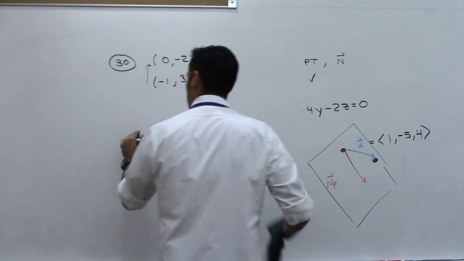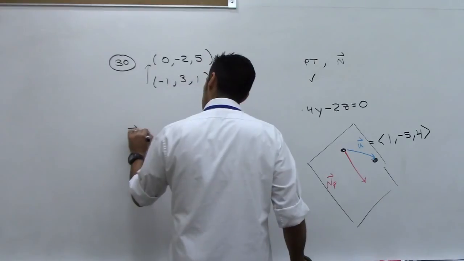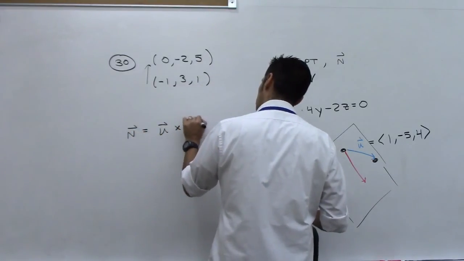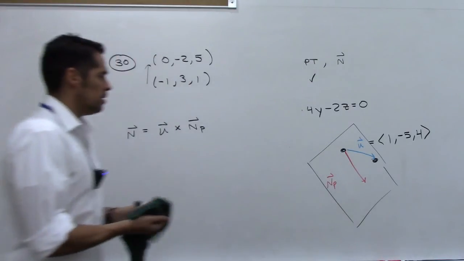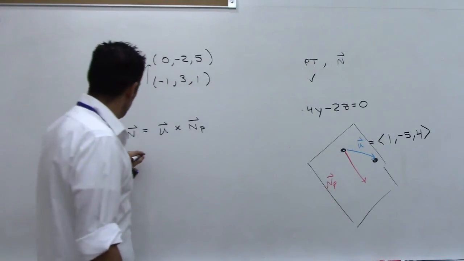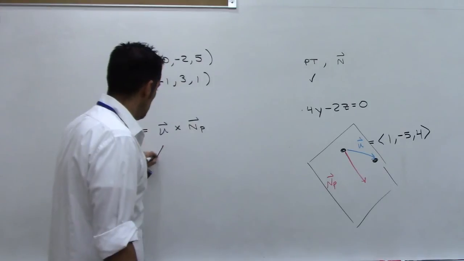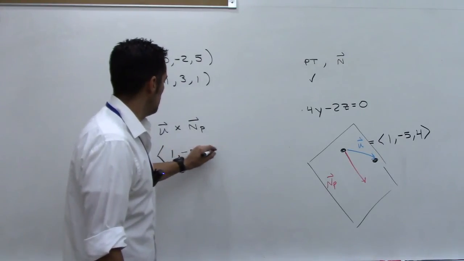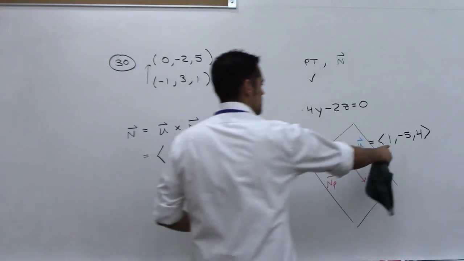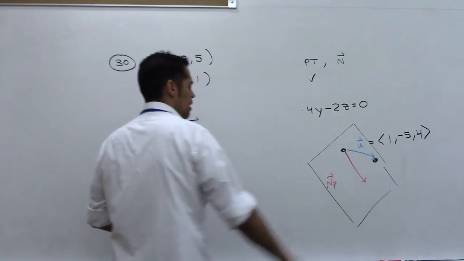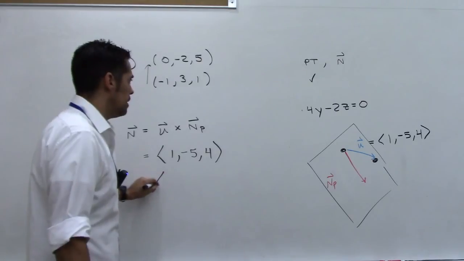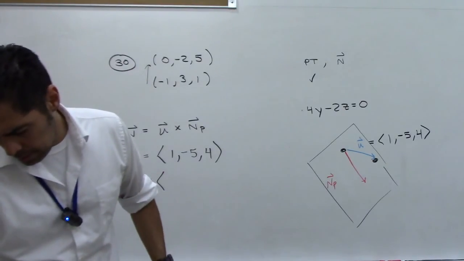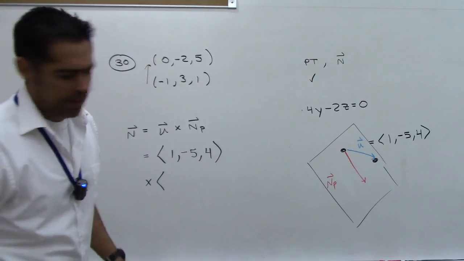The normal that I'm looking for is going to be the cross product of u and the normal of that perpendicular plane, which is the cross product of 1, -5, 4 and the normal of the perpendicular plane, which I erased, but it is 5, 4, -2.